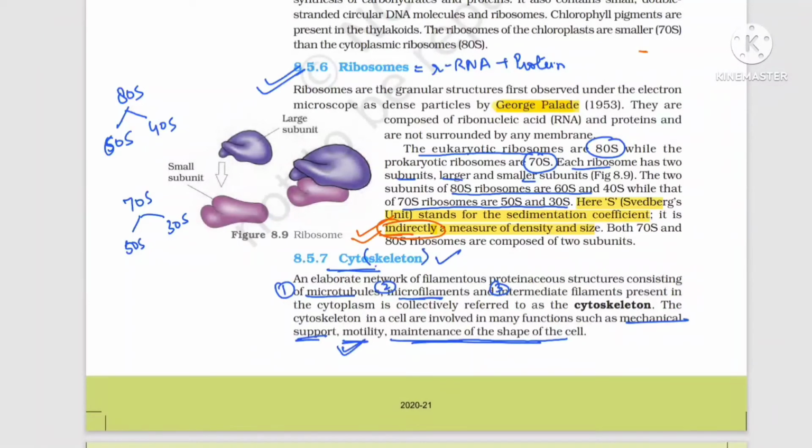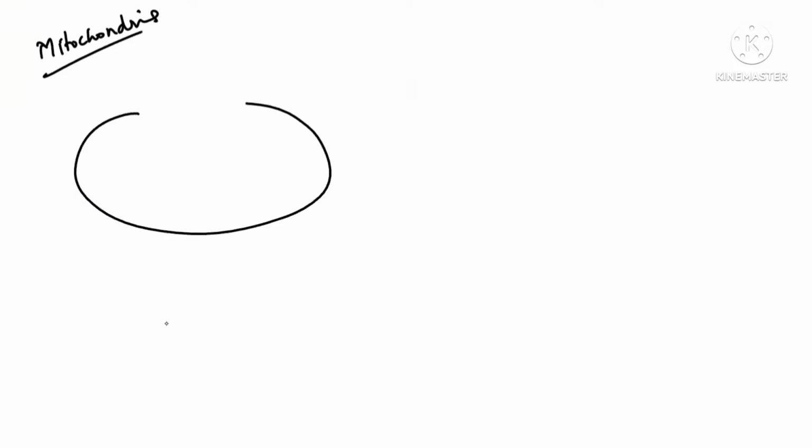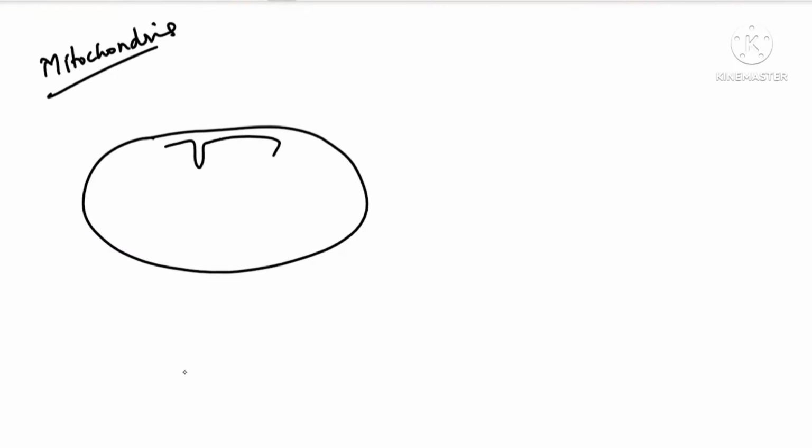Now let us start with the two cell organelles, mitochondria and chloroplast. You know very well it is a double membrane organelle.